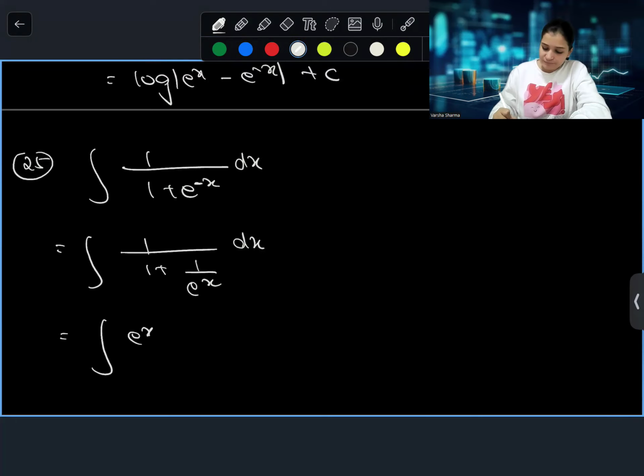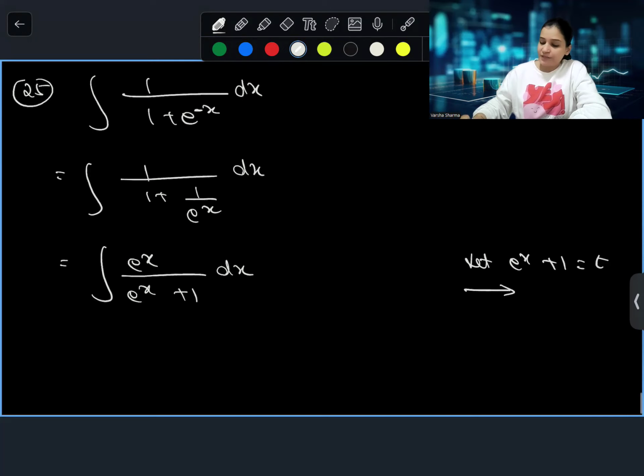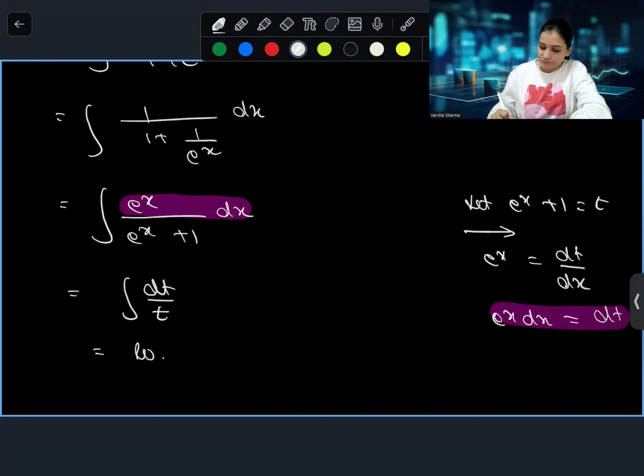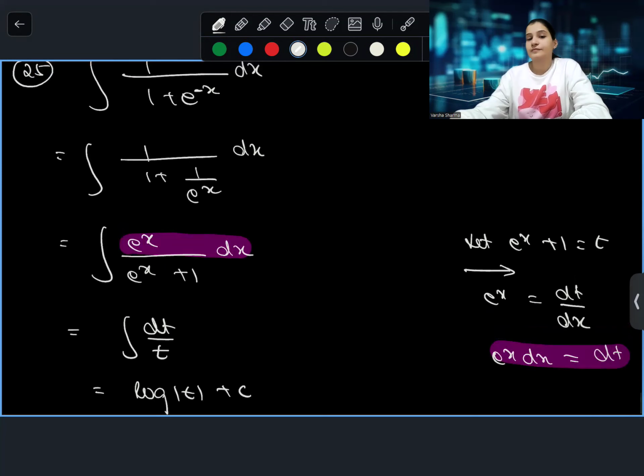Taking LCM. Now, if I take e^x plus 1 as t, we get e^x, so the entire numerator becomes dt. This is t, which will be log mod t. Is it clear?